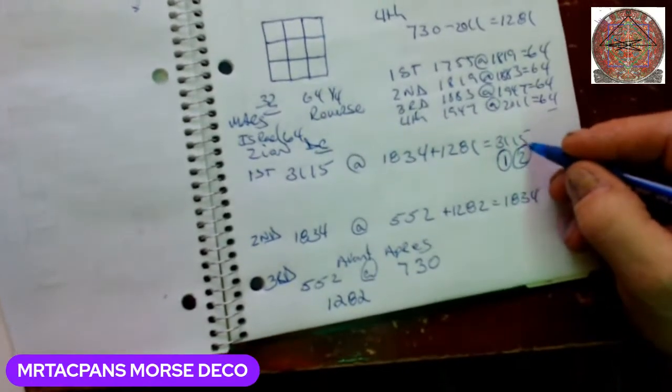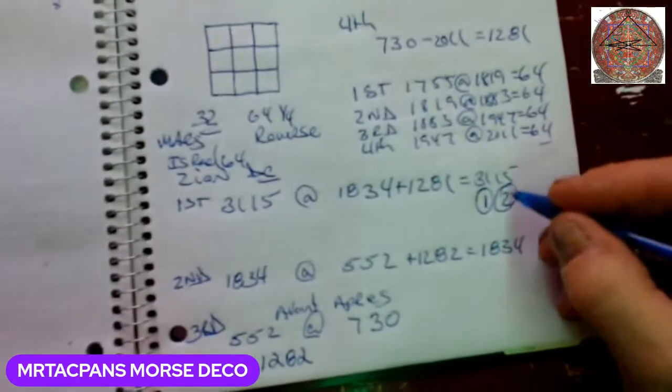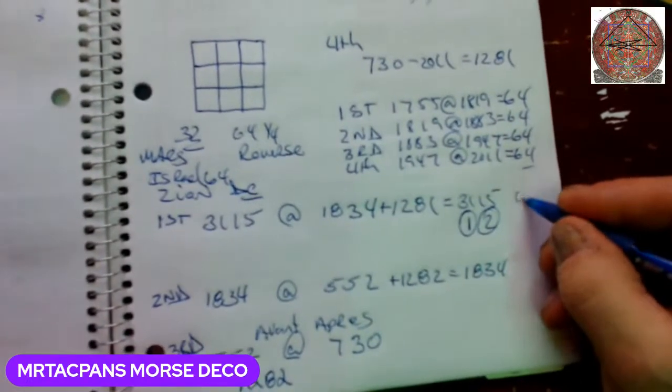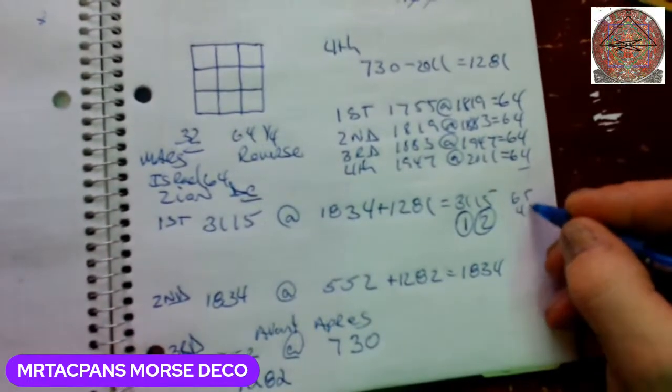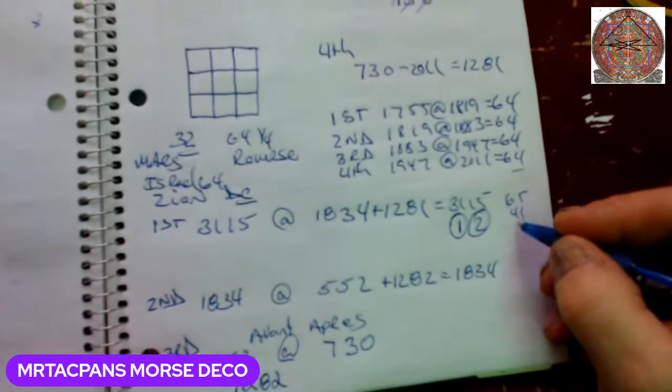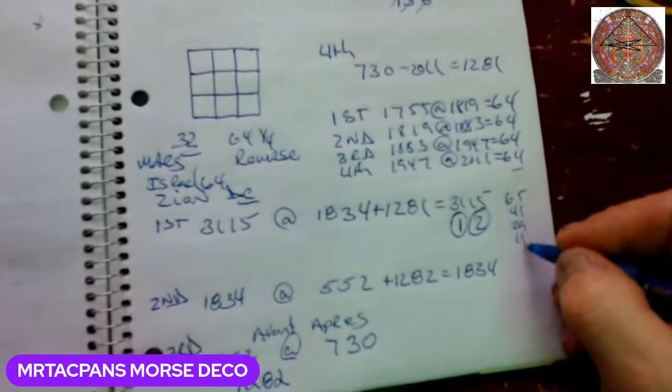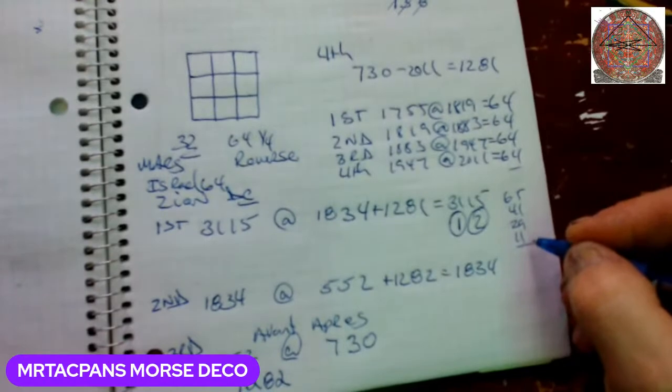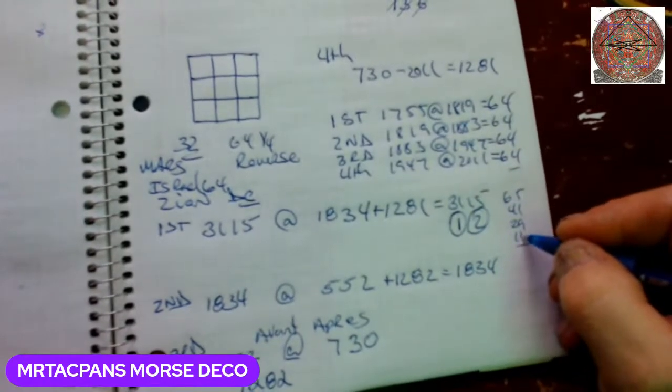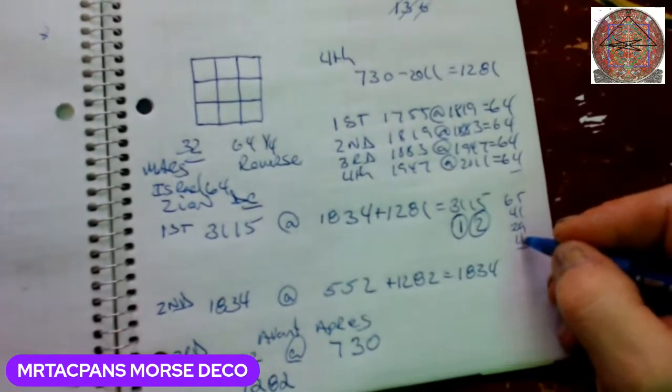1 times 5, 1 plus 5. This one we're going to go a little bit further. This one will be 6 and 5, and then it'll be 41 or 1 and 4, and then it'll be 29, and then it'll be 11. So I can put 11. 11 is 1 and 1 is 2. This is 29. This is 11.